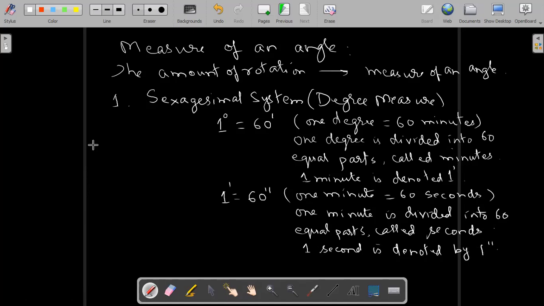So like this, we can convert degrees into minutes, and minutes into seconds.